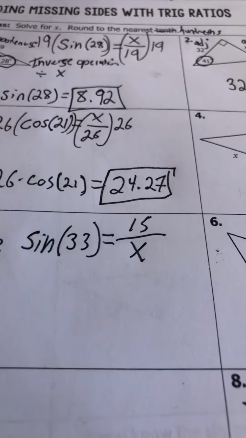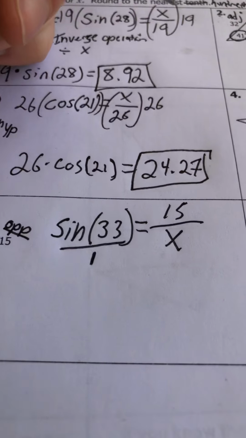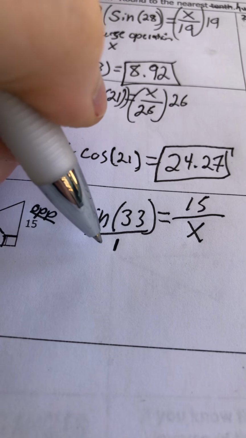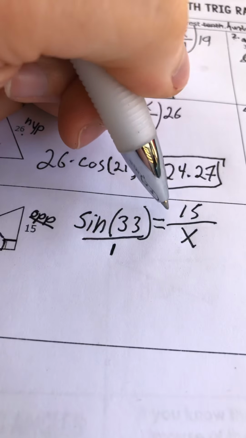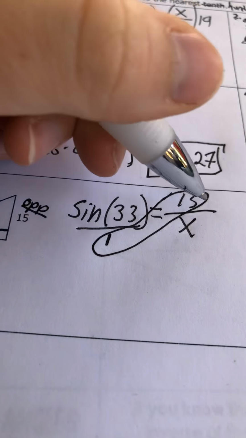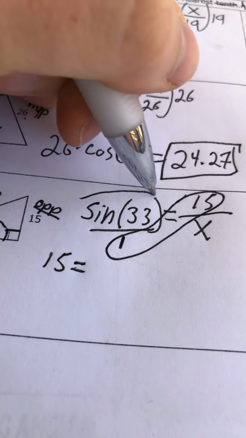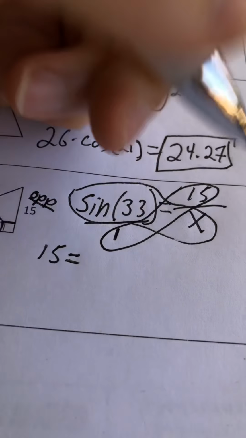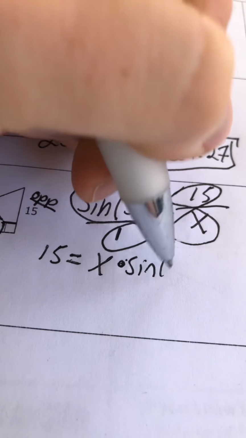So, for ones where x is on the bottom, what we're gonna do is we're gonna change this guy into a fraction over 1, and we're gonna cross multiply and solve. So when I cross multiply, we've got 1 times 15, which is 15, equals x times sine of 33.